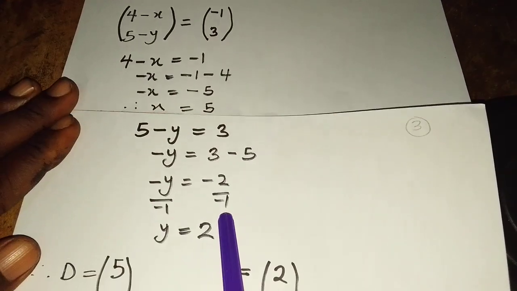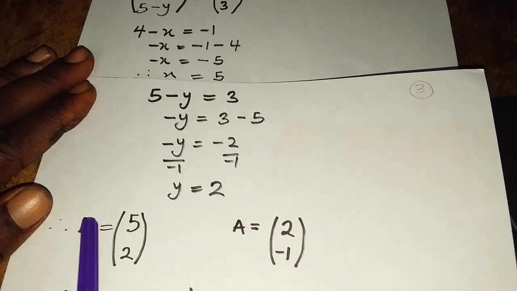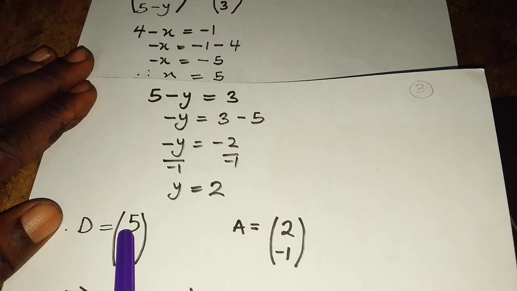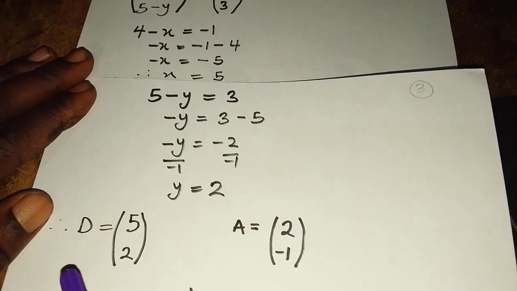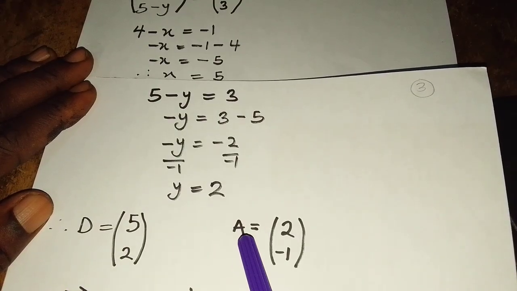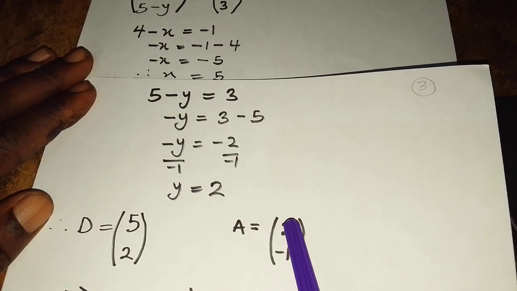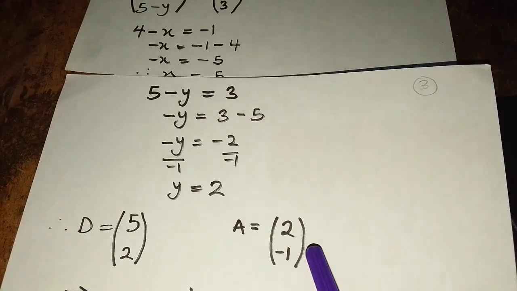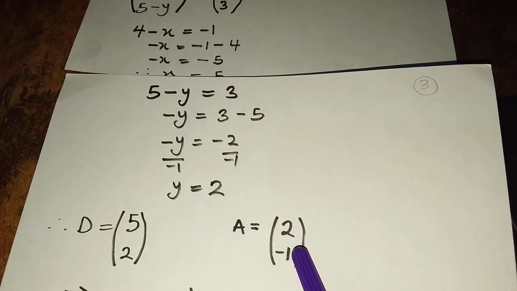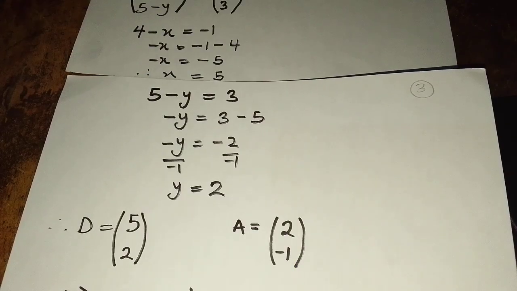So the coordinate of D is what? X is 5 and y is 2. And the coordinate of our A is when x is 2, y is minus 1. The question says that we should look for the magnitude of AD.